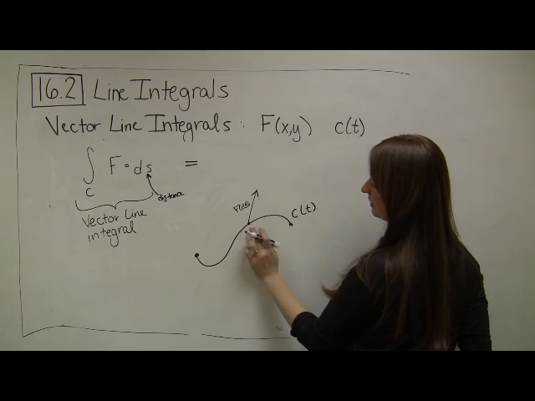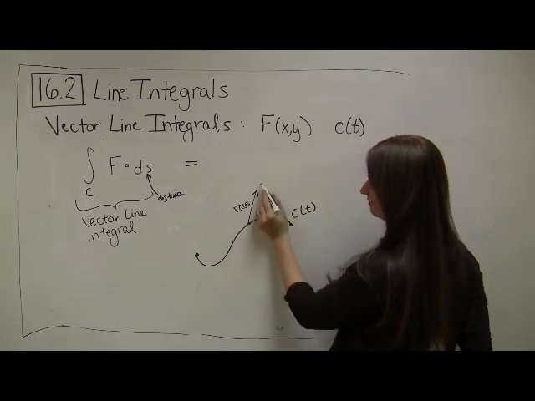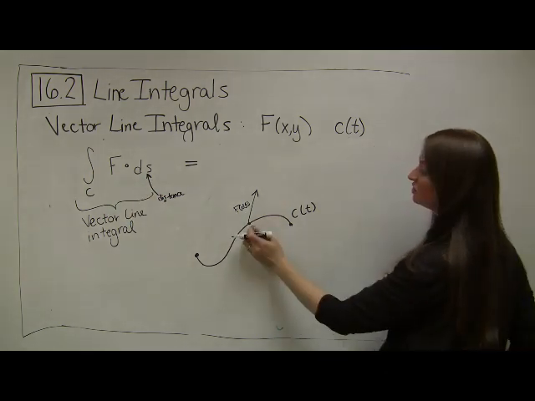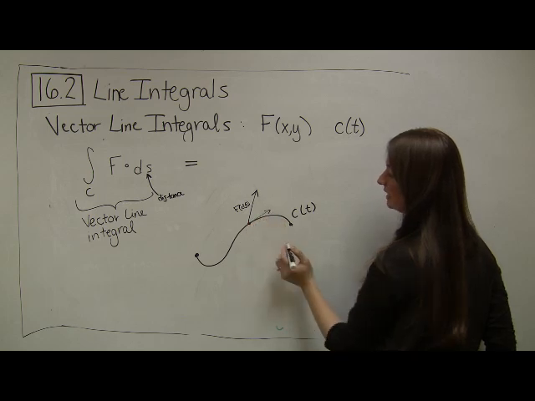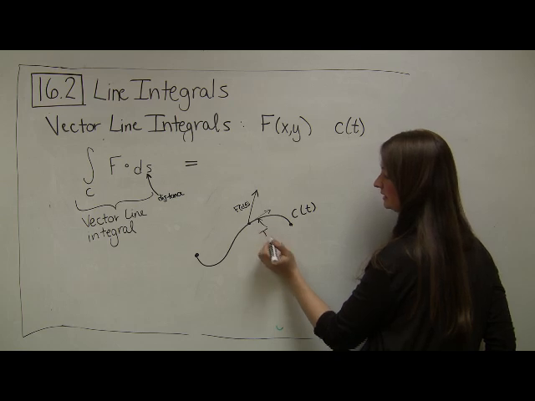It's the, based at this point, c of t, the vector that's being given by my vector field. I want to know how much of this vector is along the same lines as my tangent vector. This is my tangent vector.